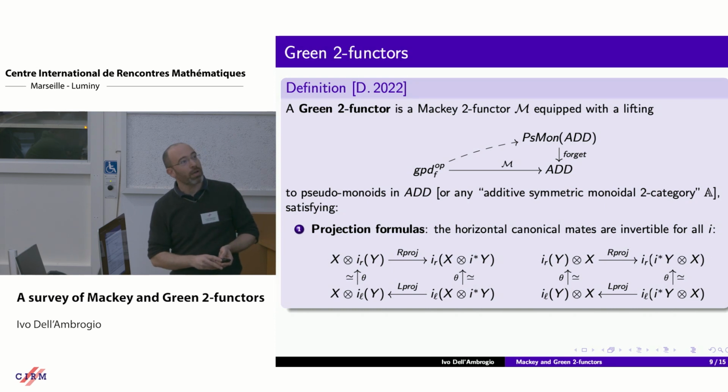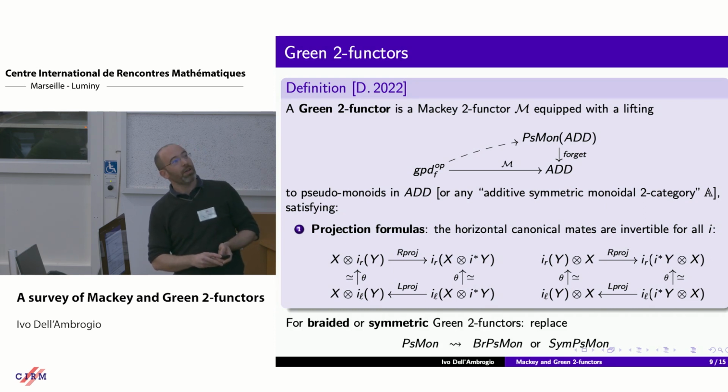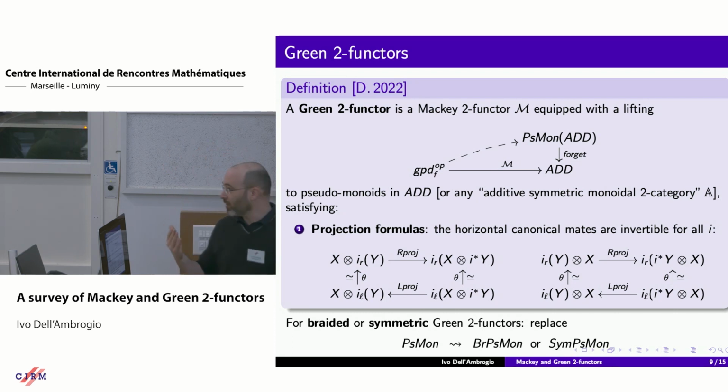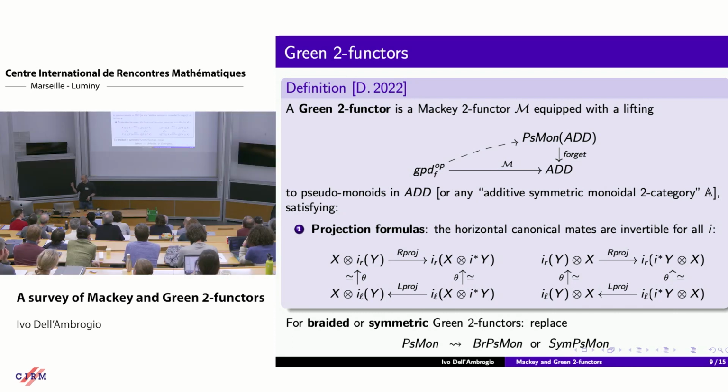So then there are variations. You can have a braided or symmetric Green 2-functor simply by looking at braided pseudomonoids or symmetric pseudomonoids, which means in the end braided monoidal additive categories or symmetric, okay? And so all of the previous examples are symmetric Green 2-functors.